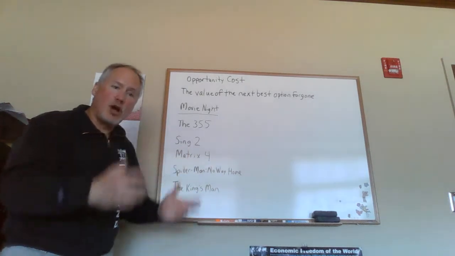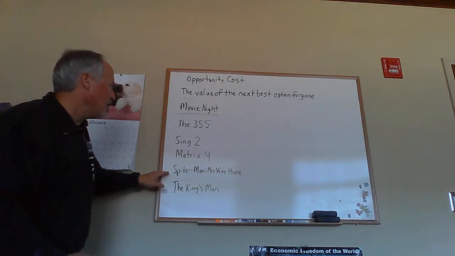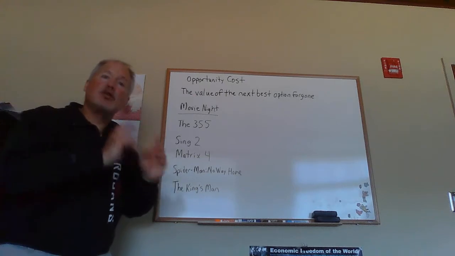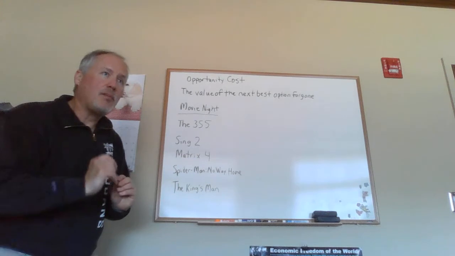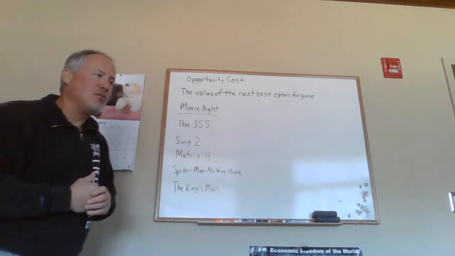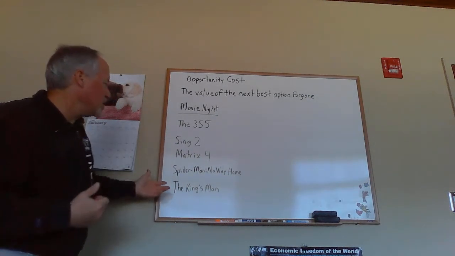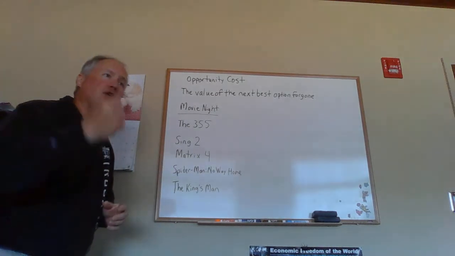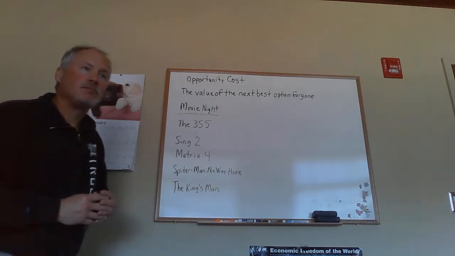So if you go to see Spider-Man: No Way Home, the opportunity cost is not the value of seeing all of these other 4 movies, because you could have only seen one of them in the 2 hours. What you are giving up is the next best alternative, the next best movie that you would have liked. So if of these other 4 movies you would have most valued seeing The Matrix, then that is what you gave up when you chose to go see Spider-Man: No Way Home.